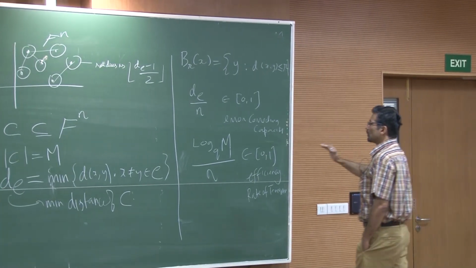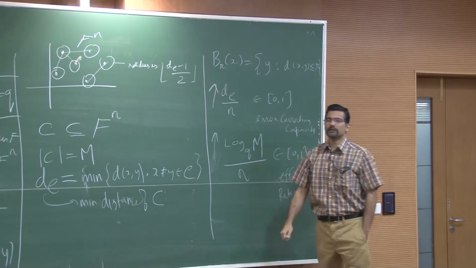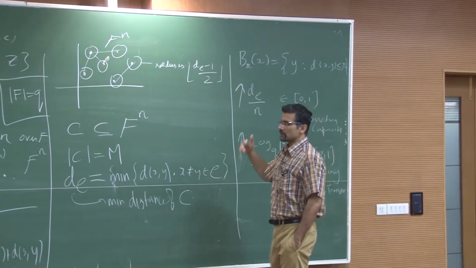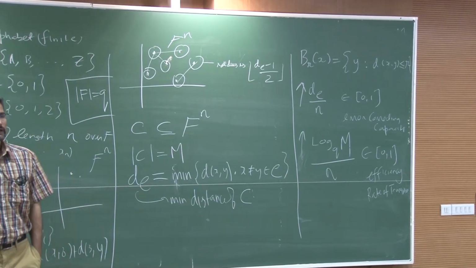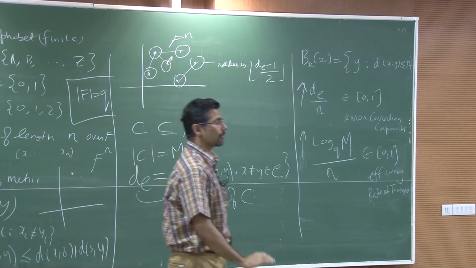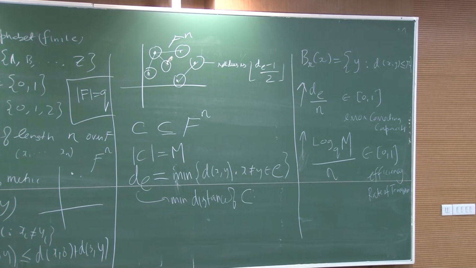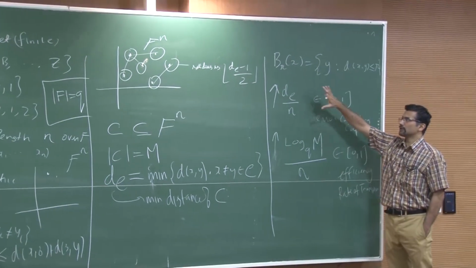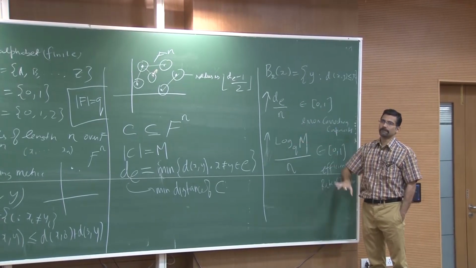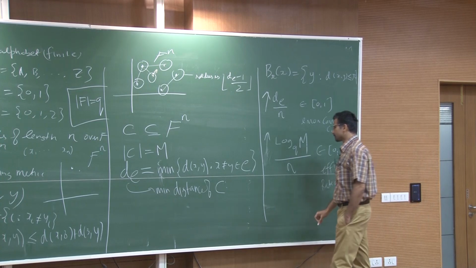So the requirement of having both these numbers high is a conflicting requirement, conflicting goals. But that's what we want. So the problem is we want to capture the trade-off. How to make sure that this is also high, this is also high. That's a central problem in coding theory.